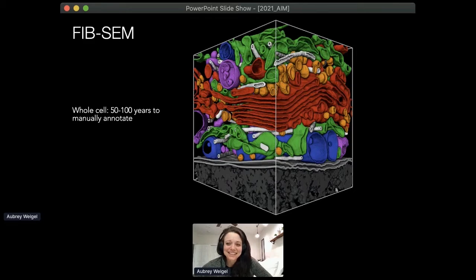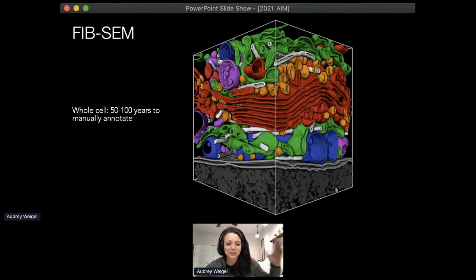So the caveat to all the information that FIB-SEM gives us is that it can make extracting that information even harder to answer the questions that we're really after. So, an example of how long that might take. For an expert annotator to annotate this block, it took about 7 to 10 days to manually segment all of those organelles and classify every voxel.